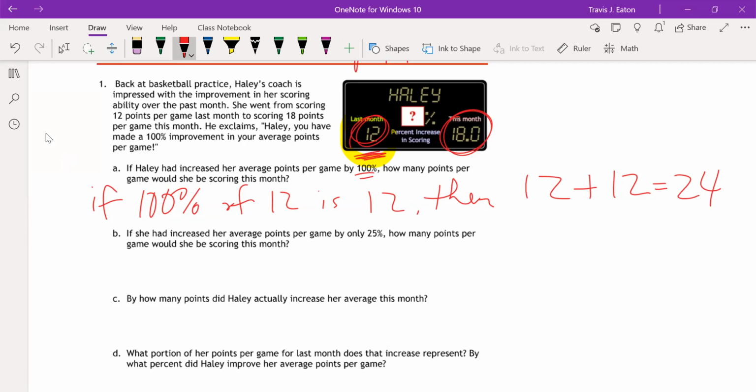Now, let's take a look at question B here. It says, if she had increased her average points per game by only 25%, how many points per game would she be scoring? Well, let's see. 25% of 12 is how much?